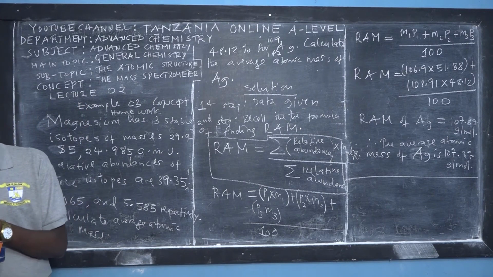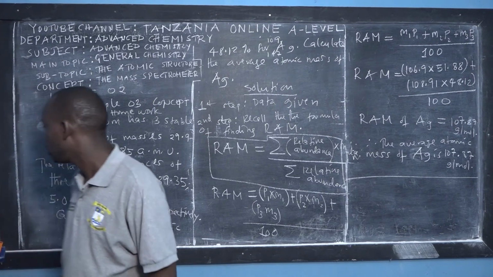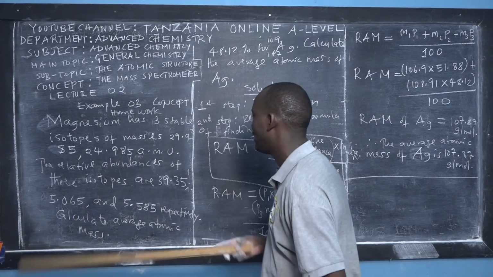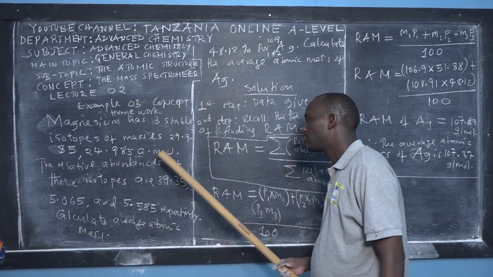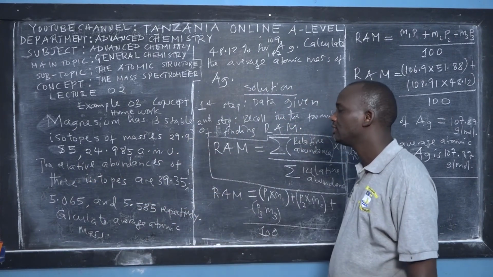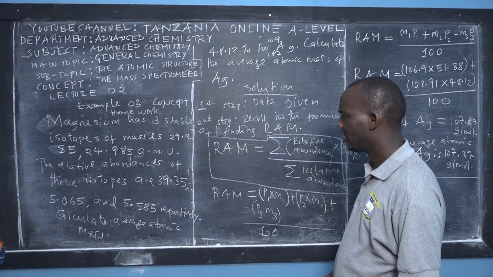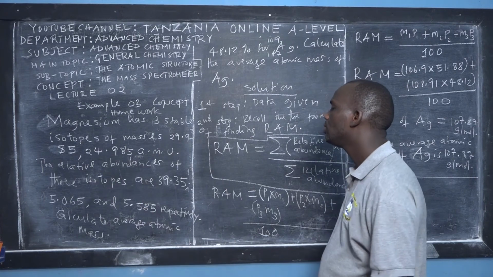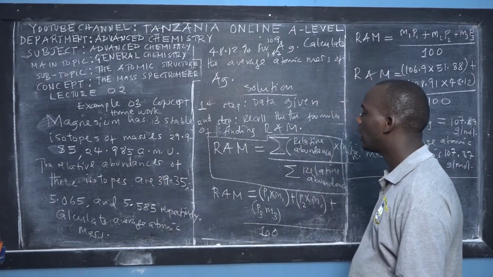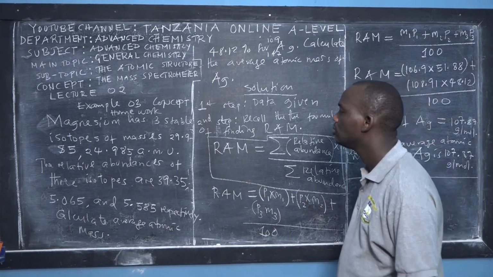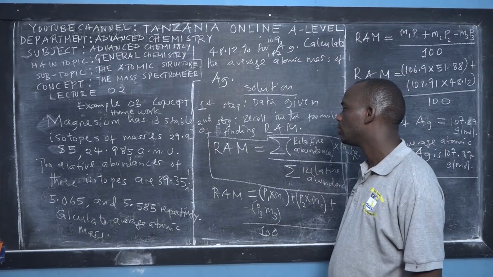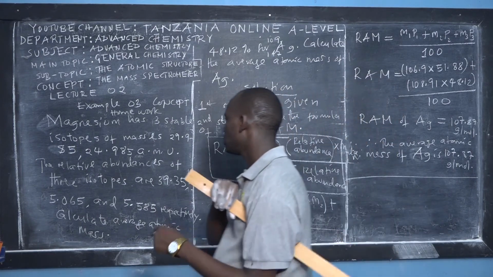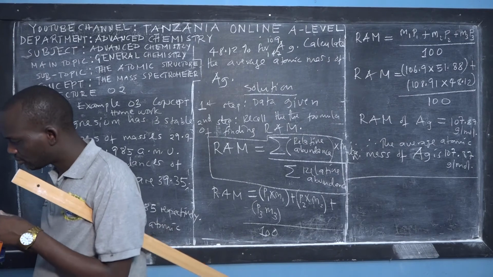So use the concept that I have taught you to understand that magnesium has 3 stable isotopes of masses.